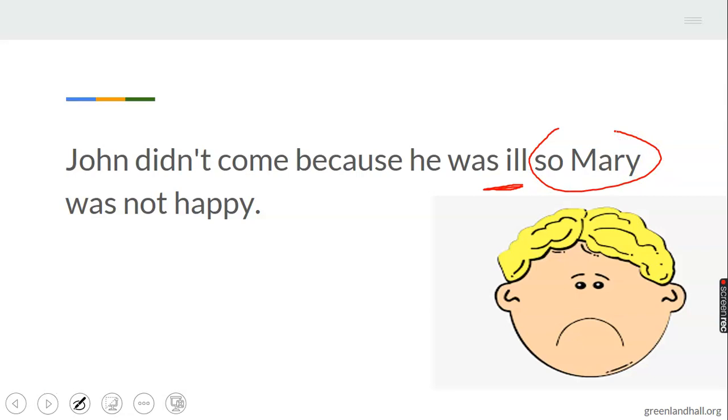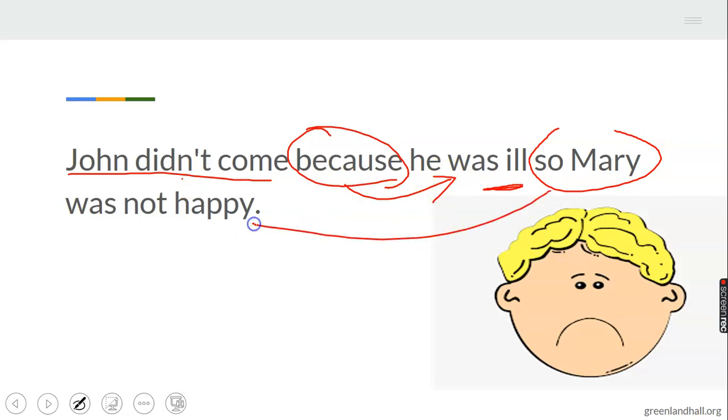So, they are all roping each other. John didn't come because he was ill, so Mary was not happy. This is a compound complex sentence. This could have been one sentence, and then this is your linking word. This didn't come because, this is actually dependent on this. And now this is also roped on this. How interesting it is for us to learn this.